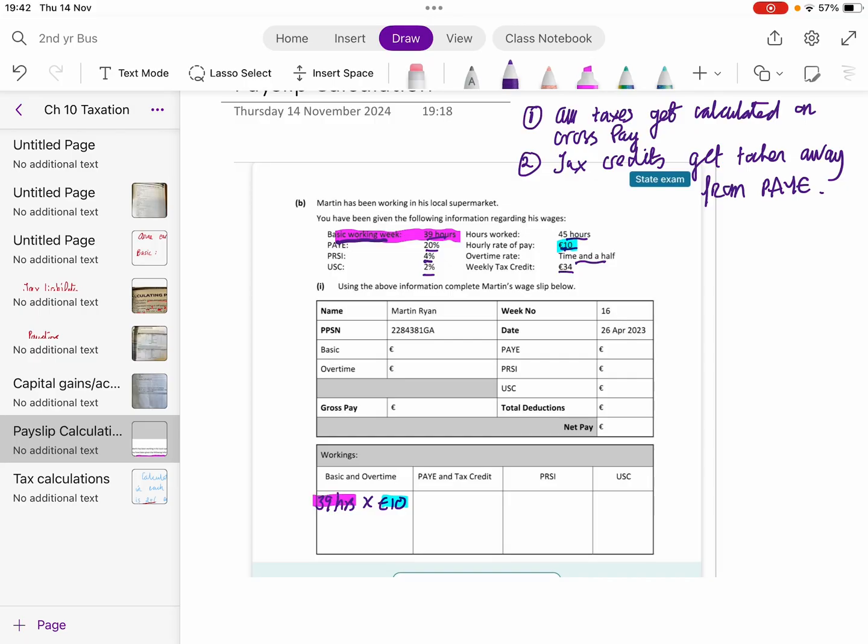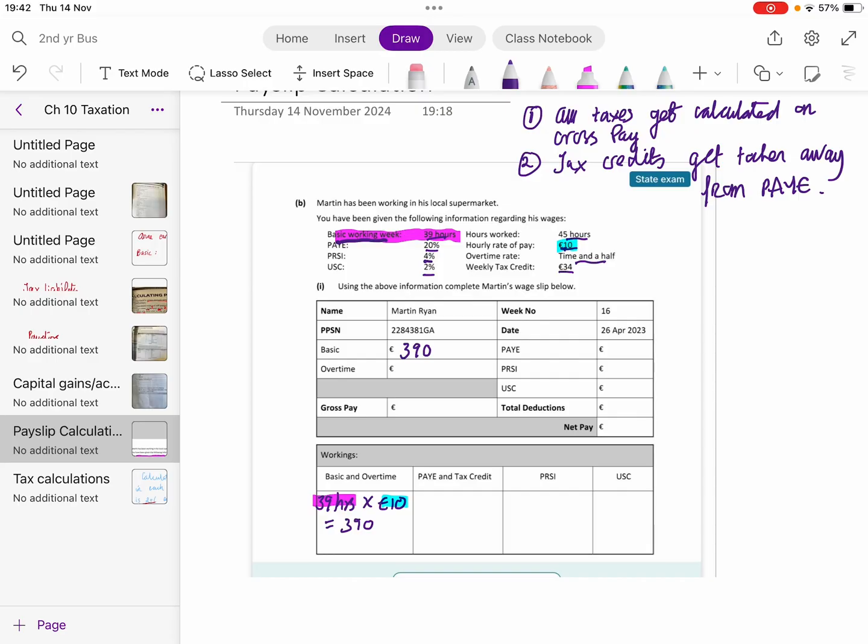Okay, so that gives me €390. Okay, so I'm going to pop that into the box here, €390.